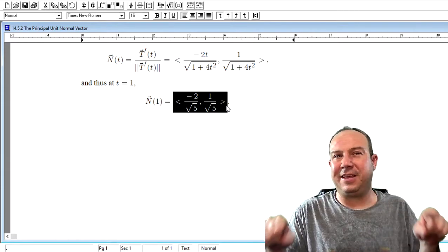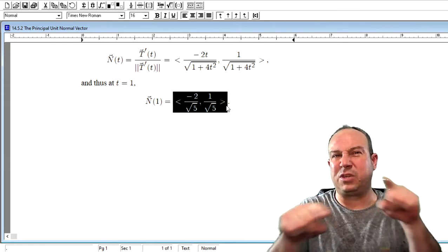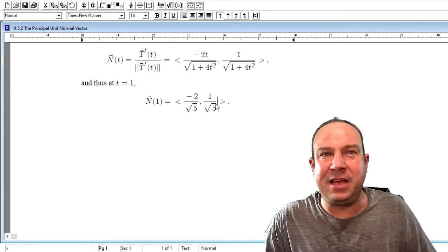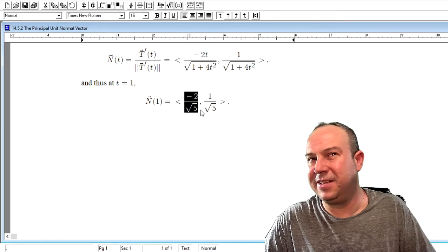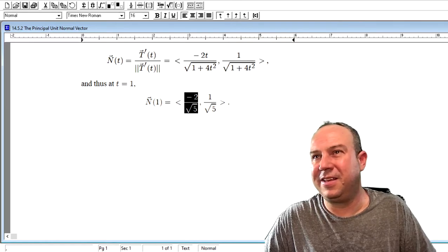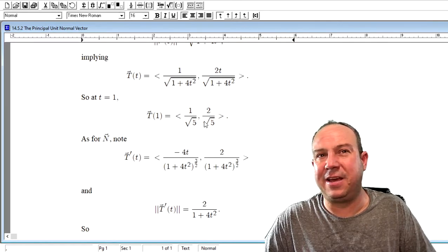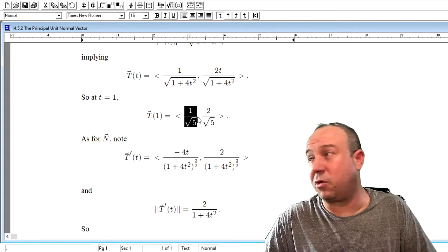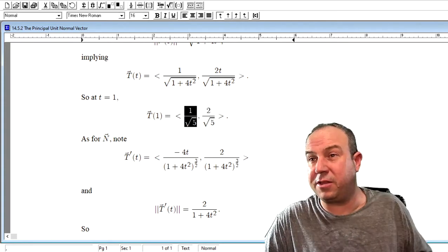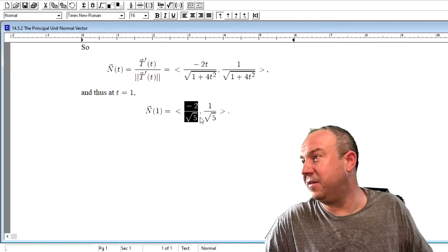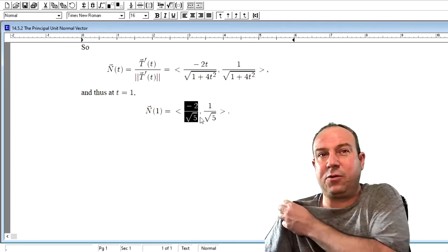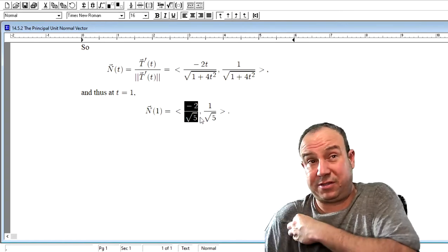They are what we might think of as reciprocals of each other. If we were to think of this as a rise and this a run, and we were to think of this as a rise and this is a run, they would be reciprocals of each other, and with one being positive and negative for this component here, we would actually see opposite reciprocals.